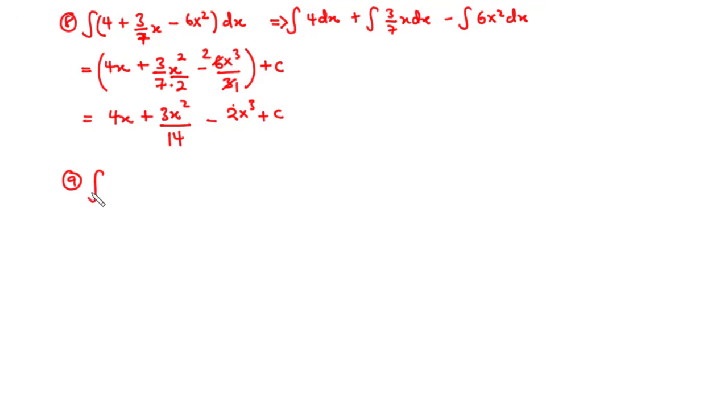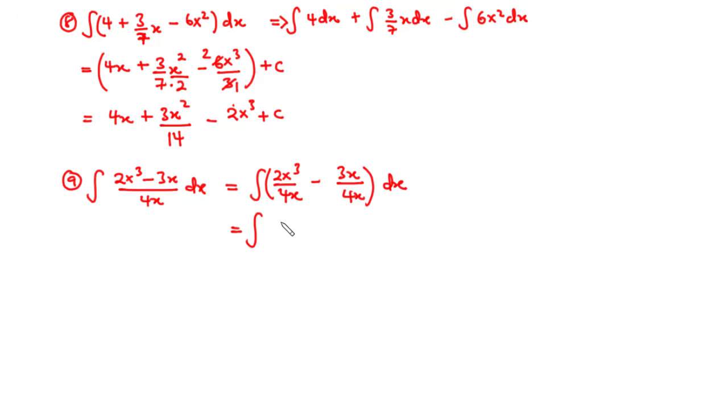Nine. Let's also try this. Let's try to integrate the function 2x cubed minus 3x divided by 4x. Now you realize that the denominator affects the two terms we have at the numerator. So we can better still expand this as 2x to the power 3 divided by 4x minus 3x divided by 4x dx.